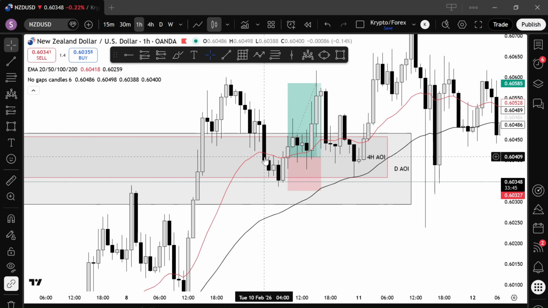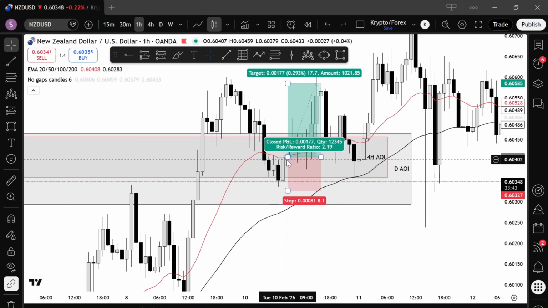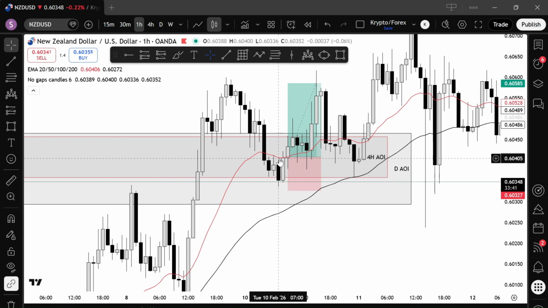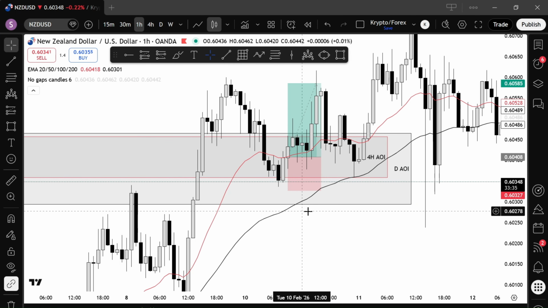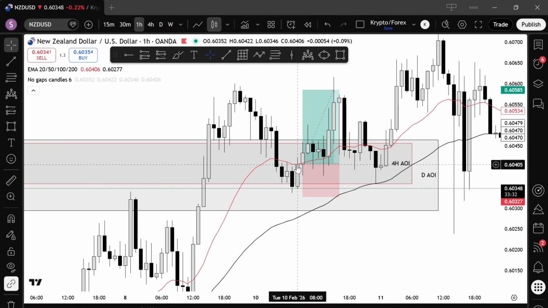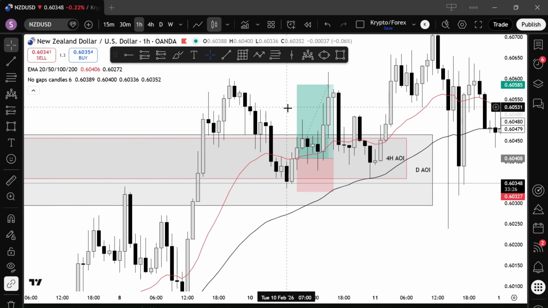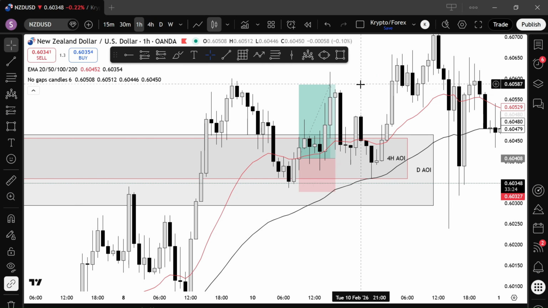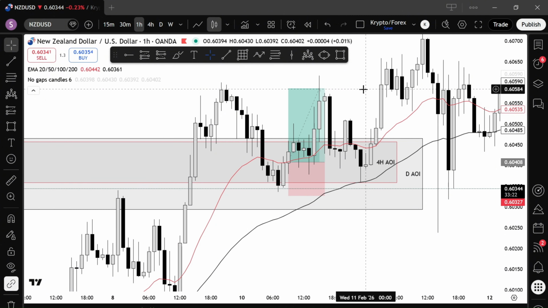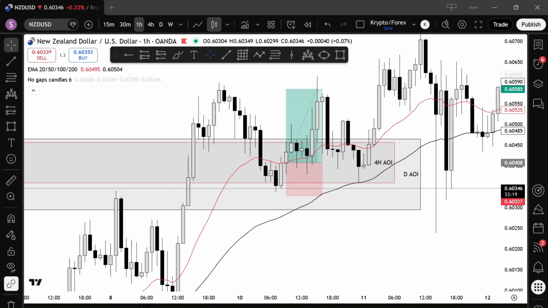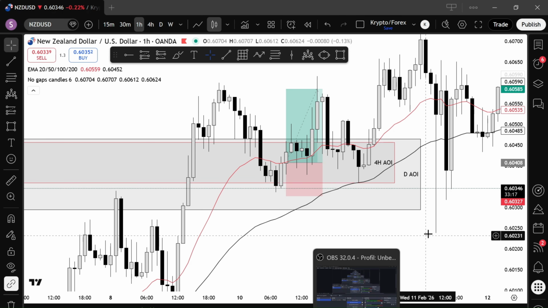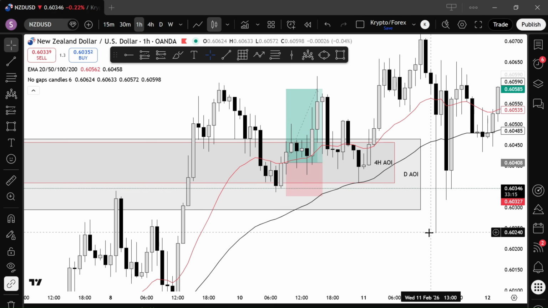We had a little rejection of the EMA, but as long as the EMA 50 is over the EMA 200, we are good to go. And it's just a little rejection, and I really don't count the rejection of the 1 hour, only of a 4-hour EMA. So it would have been a beautiful trade, but I unfortunately couldn't enter into this trade. So let's head on to the next pair.